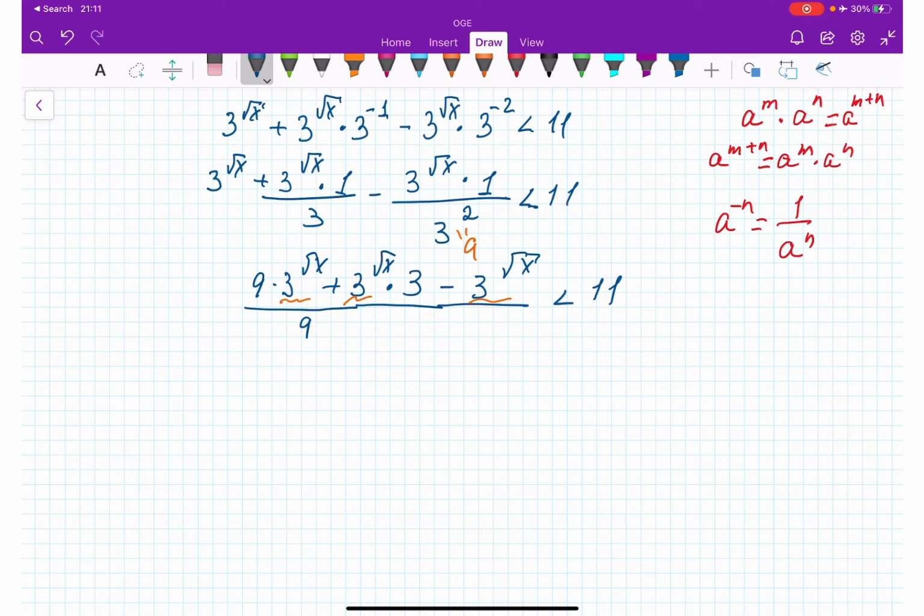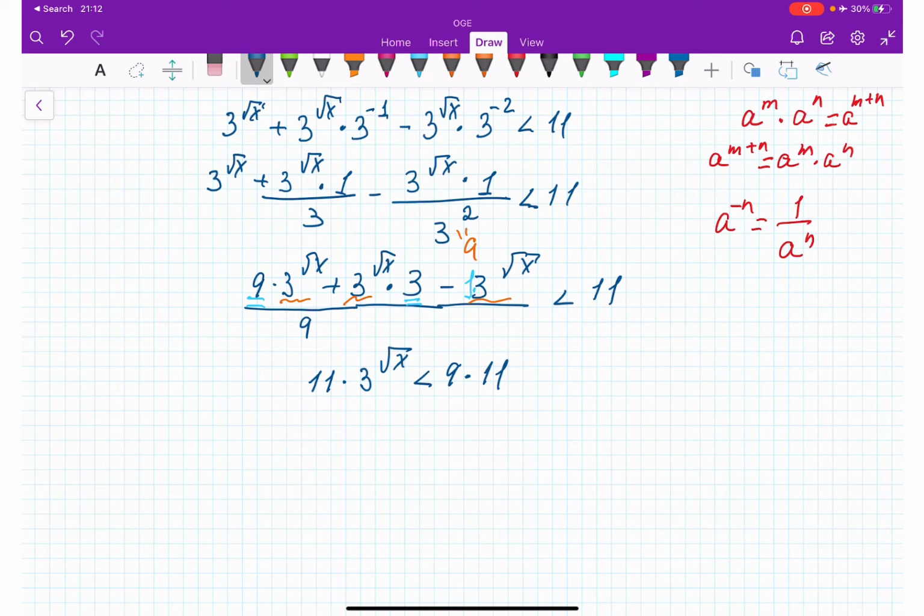So 9, this 9, plus 3, and minus 1, coefficient is 1, right? So 9 plus 3 is 12, and 12 minus 1 is 11. And I'm getting 11 times 3 to the square root of x, and this is less than 9 times 11.